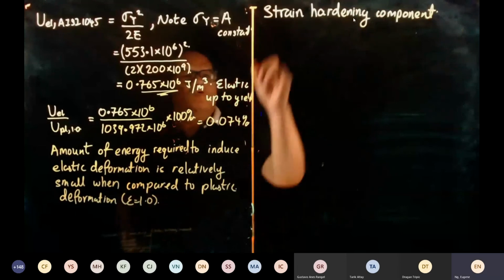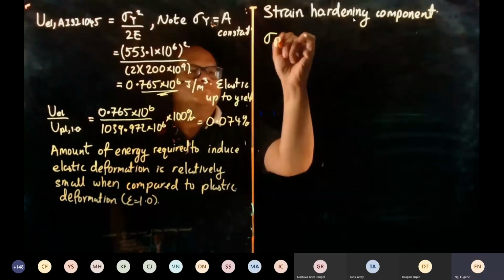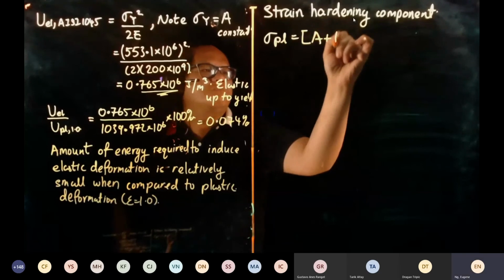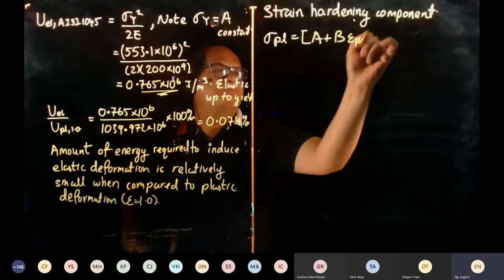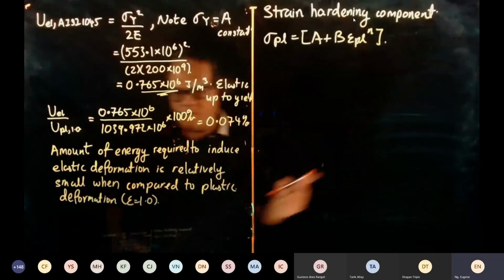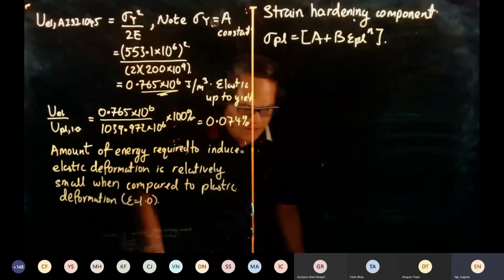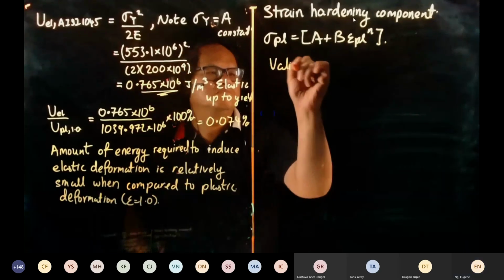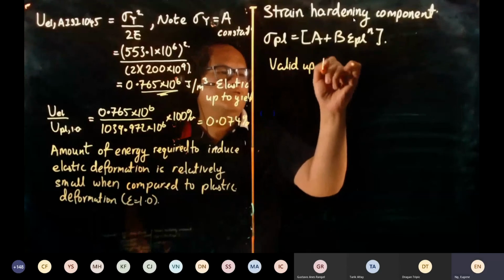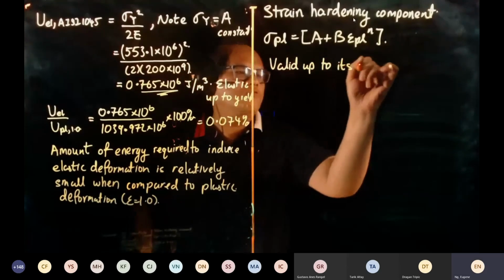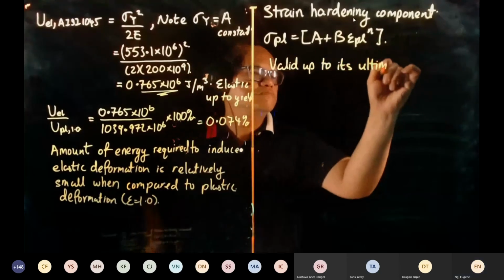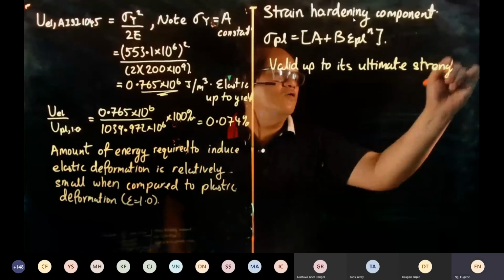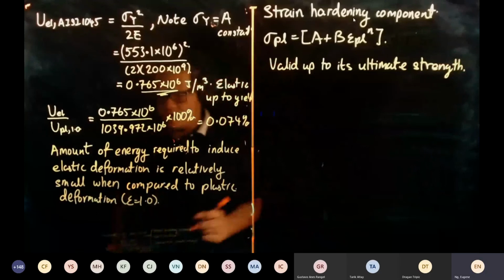Stress plastic is equal to A plus B epsilon plastic to the power of N. Now this equation that we are drawing is only valid up to its ultimate strength. You cannot use it beyond its ultimate strength.